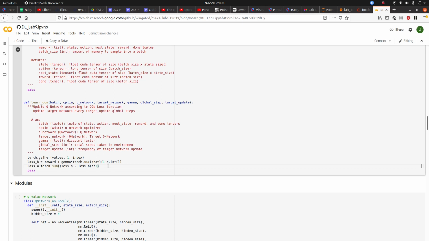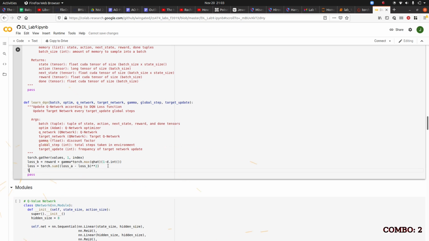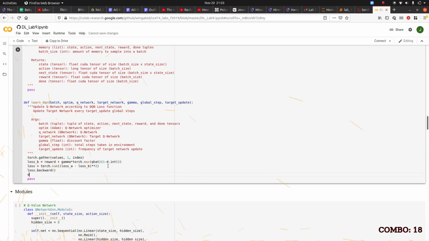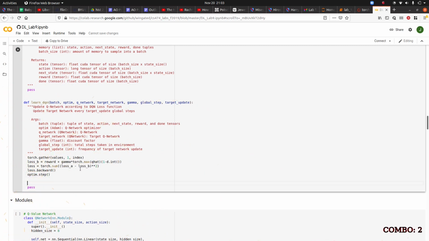Okay, so that's how, and then of course after, you always do loss.backward and optim.step, yada yada yada, all that stuff. I skipped all that stuff from above anyway. So the last thing you need to do is remember that the Q network is being updated directly, but the target network is not being updated.